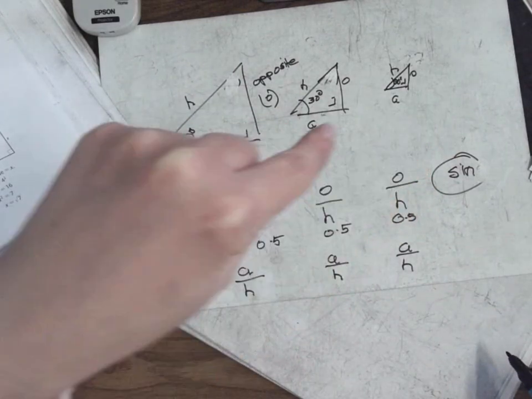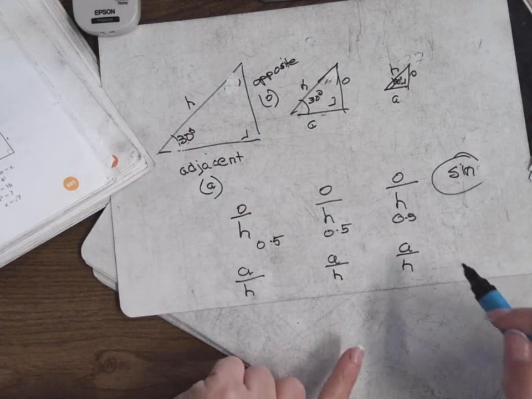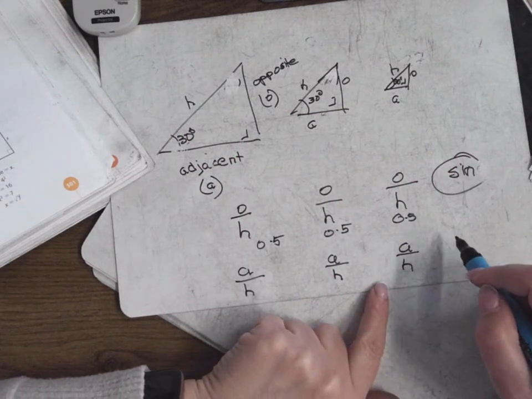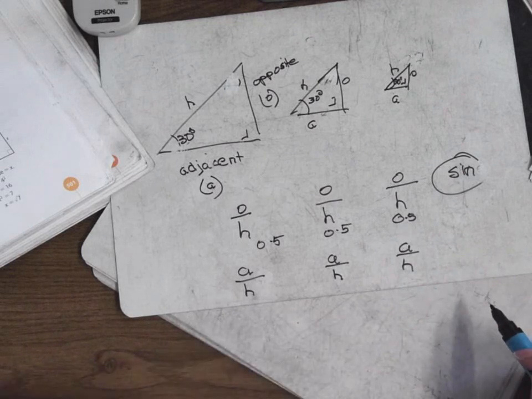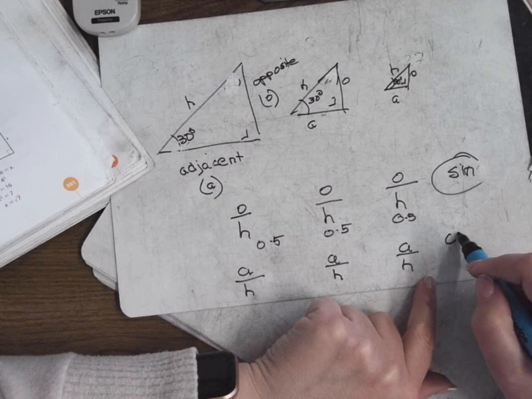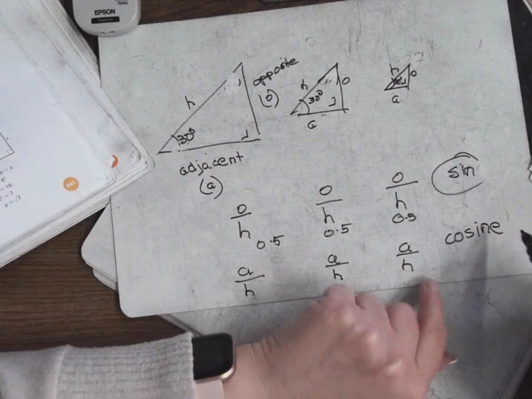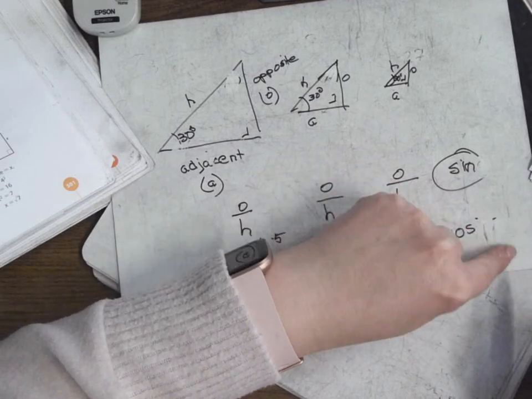When this angle was 30 and there was a right angle, it only applies to a right angle triangle, they always got the same number. And they called this ratio, instead of saying adjacent over hypotenuse, which is a bit of a mouthful, let's call it cosine. The full name is cosine, but it's cos for short. Okay, is that alright?